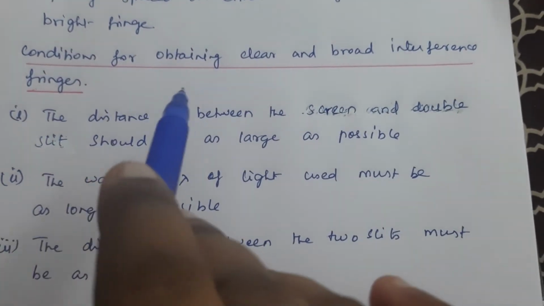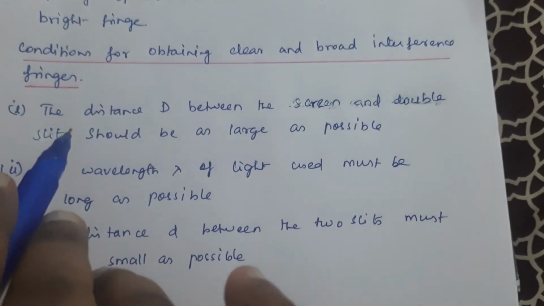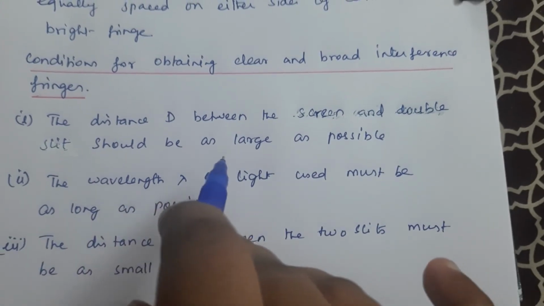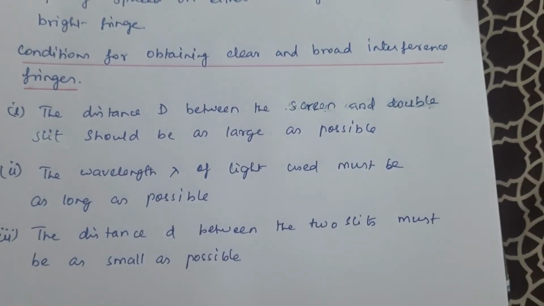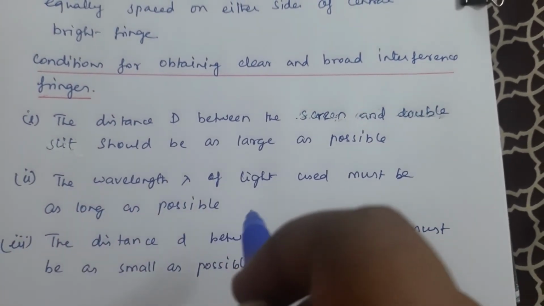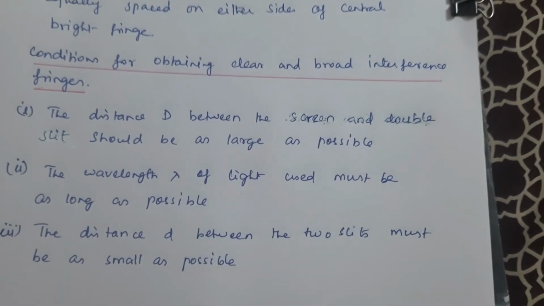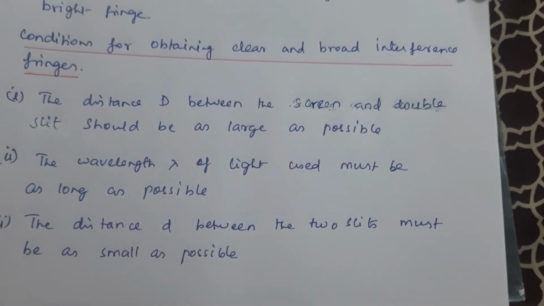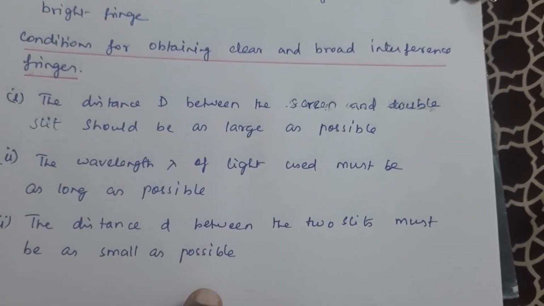Now the conditions for obtaining clear and broad interference fringes. The distance between the screen and the double slit should be as large as possible, that is, capital D should be as large as possible. The second condition is that the wavelength of the light should be as long as possible, it should be greater. The third thing is the small distance d, that is, the distance between the two slits must be as small as possible.